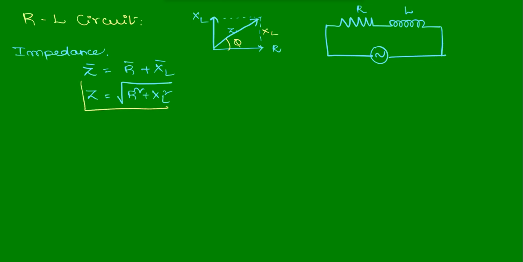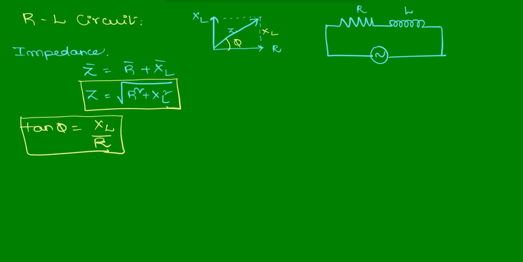Once we know the Z value, you can find tan phi. Tan phi will be equal to XL by R. Here that phi is above the resistance axis, so Z bar will be represented like this, Z at plus phi.